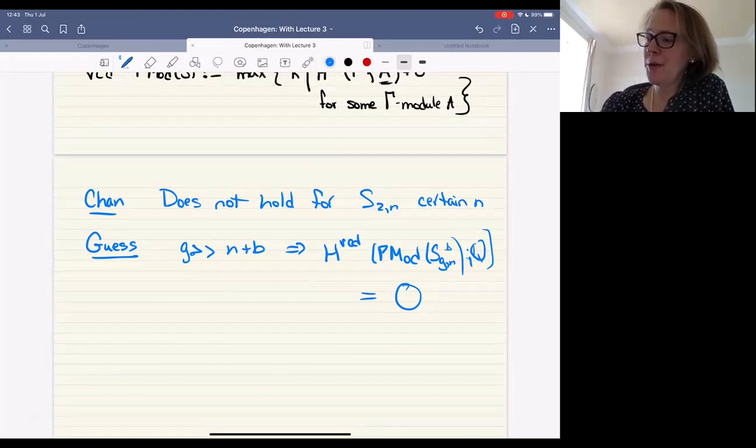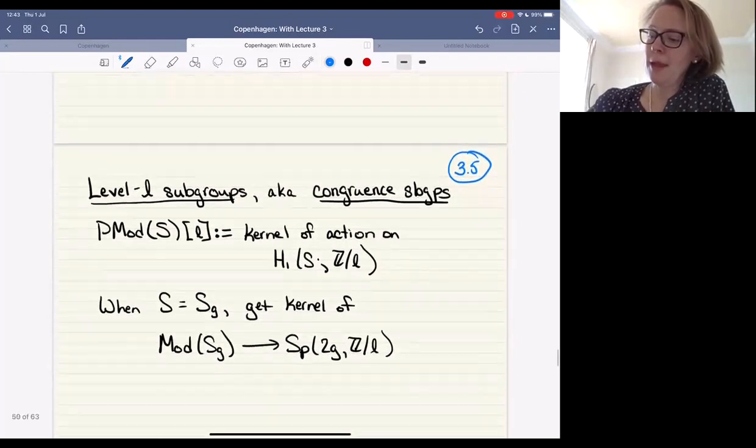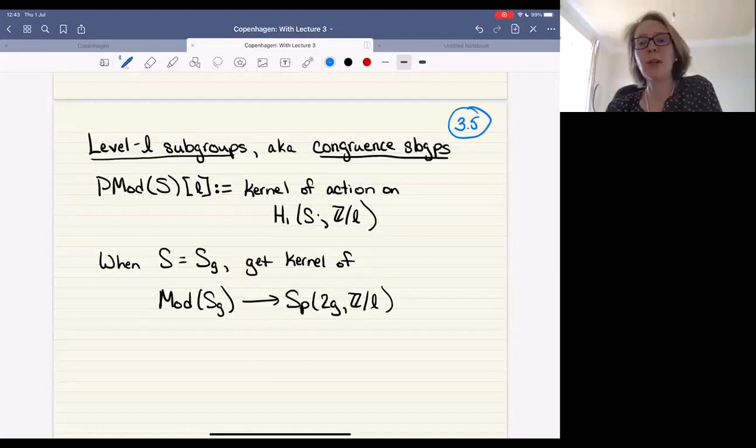Okay, so let me go back to these finite index subgroups then, because these play an important role in the theory of mapping class groups in general, not just in this particular strand where we're thinking about cohomology. Basically, we have these things that some people call the level L subgroups.